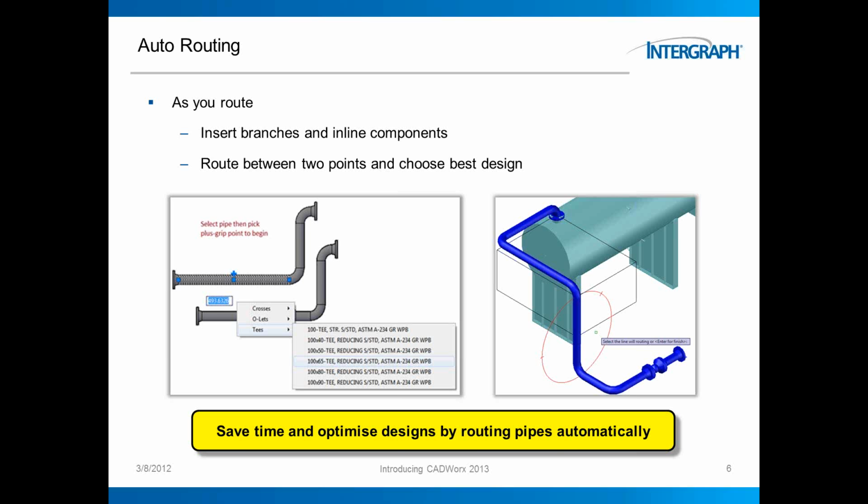And not only does it allow us to automatically start a branch, but as soon as we connect to another piece of pipe, it allows us to indicate what type of branch connection we want, if it's classified in the specification. So we're routing from one pipe to another, intersecting perpendicular to a piece of pipe, and it adds our connections for us automatically.